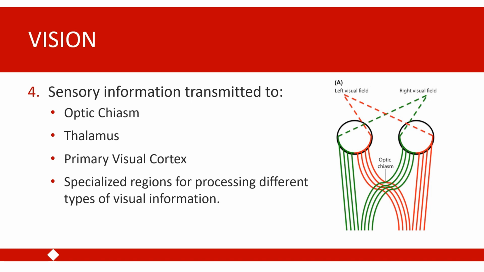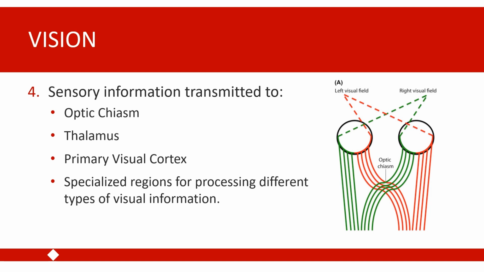Information from the right visual field of the external world is perceived by photoreceptors on the left side of the retina of both the left and the right eye, and these axons converge and the optic nerve then exits the eye, and again crosses the optic chiasm and goes over to the left hemisphere of the brain.